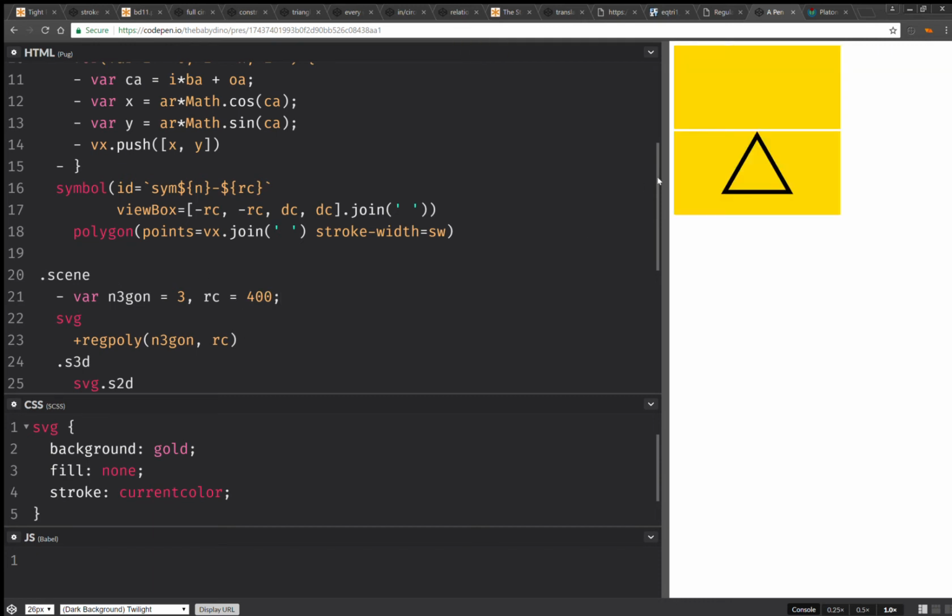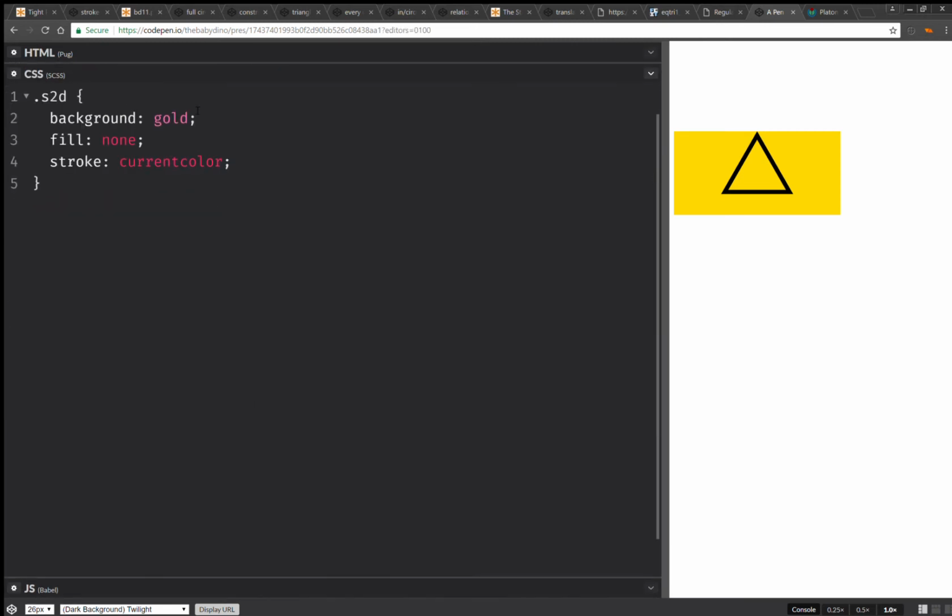Doesn't really matter. Okay, now that we've done this, here we're going to use only the SVGs that are 2D faces. Okay, so now that we've done this, let's move on to styling this whole thing.